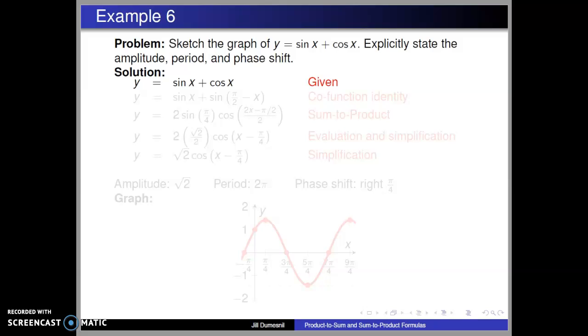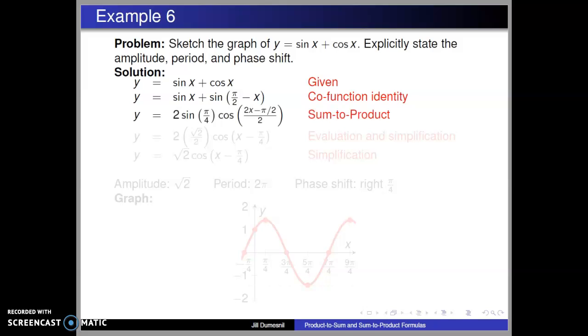We start with the given function. It's a sum, but our sum to product formulas didn't include mixed sums. All of our formulas had the sum or difference of two sine values or the sum or difference of two cosine values. We can use the cofunction identity to rewrite cosine x as sine of pi halves minus x.